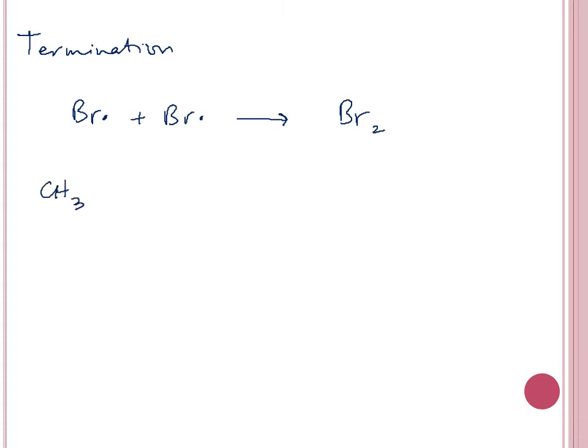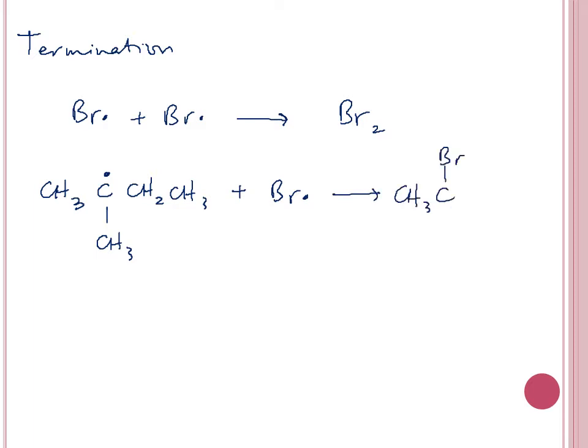The second reaction is going to be involving the free radical of tertiary and bromine radical. So we are going to form the major product over here.